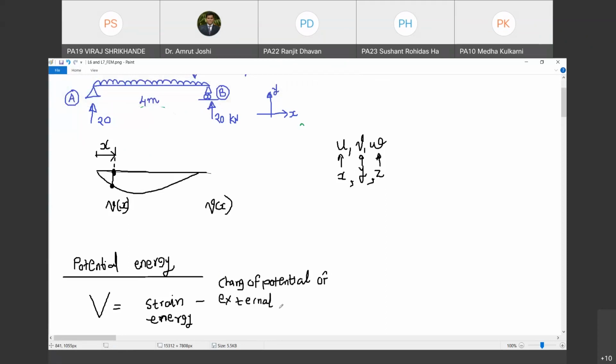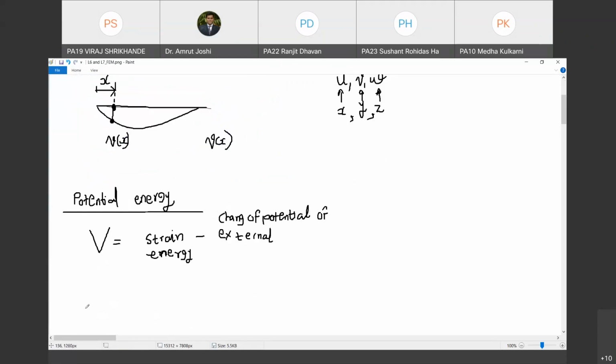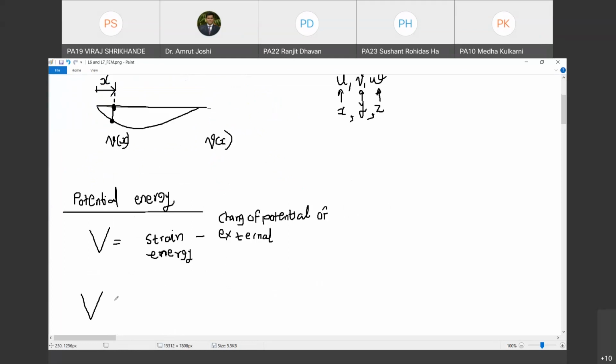If you remember, we had already derived this formula in a previous class. So let us write down the potential energy. Note that capital V denotes potential energy, small v denotes the y directional deformation of a particular location on this beam AB. So how do we write this strain energy? We will see that in a while.